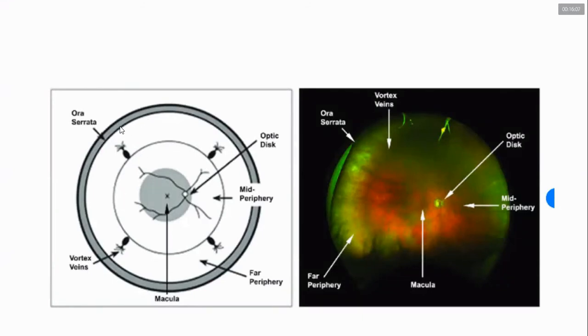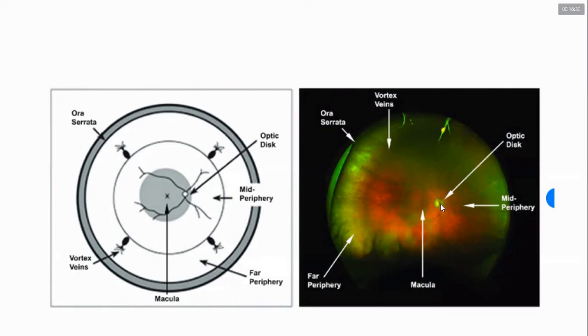This peripheral retina we will not be able to see with the help of the direct ophthalmoscope. We need some other instrument to see this peripheral part of the fundus. And this is the ora serrata. Over here, like this, you will see the color.